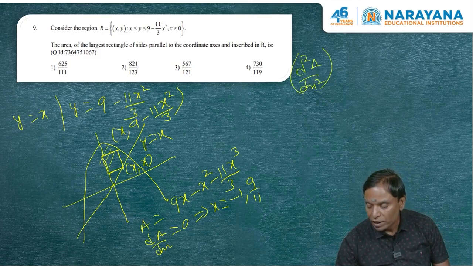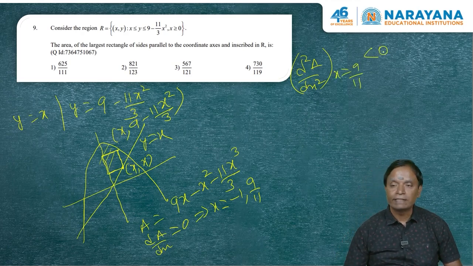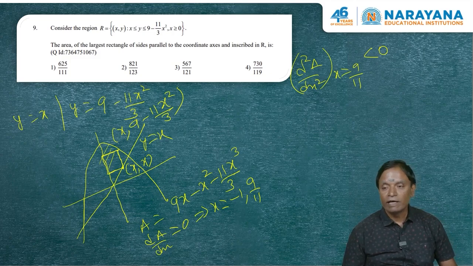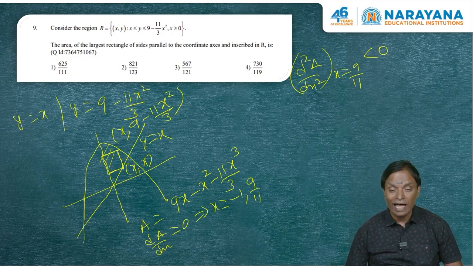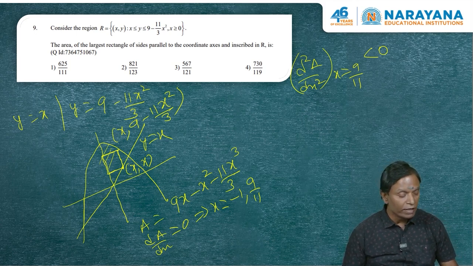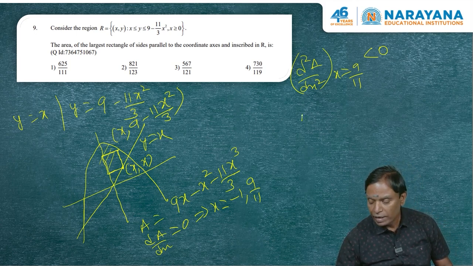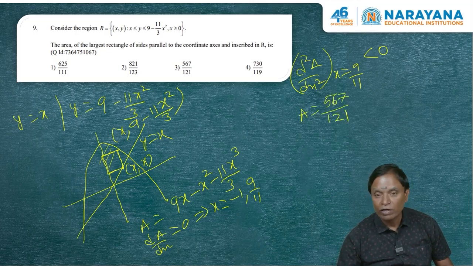You can observe that d square A by dx square at x is equal to 9 by 11 is less than 0, which implies at x is equal to 9 by 11, your function A has the maximum value. Put x is equal to 9 by 11 in A and you get a maximum area will be nothing but 567 by 121.